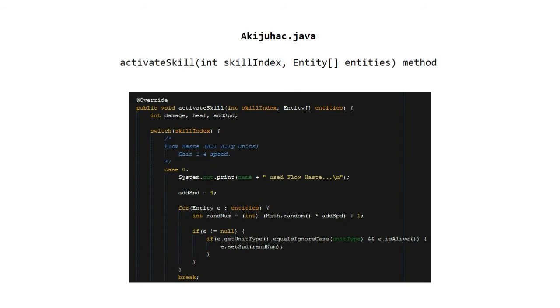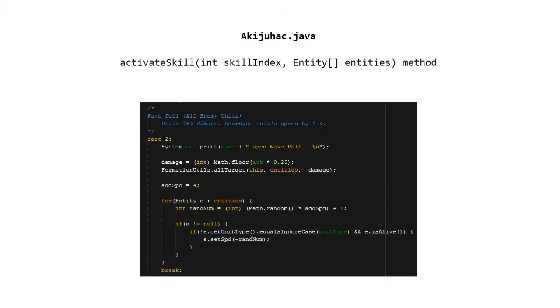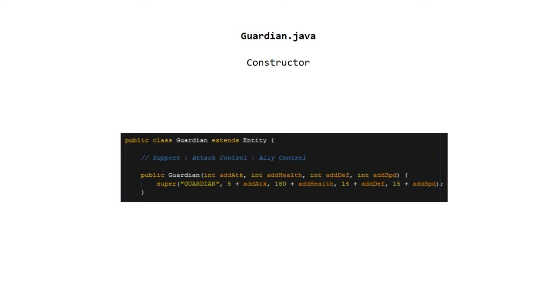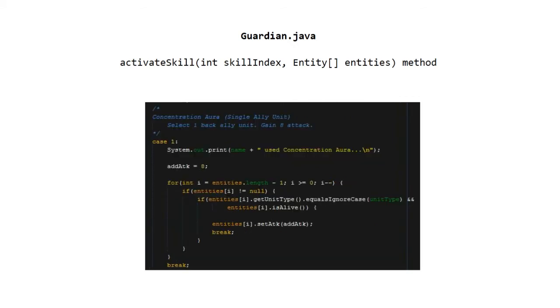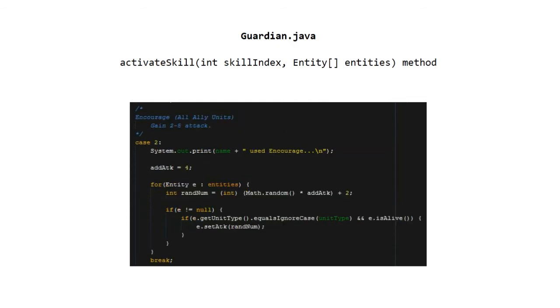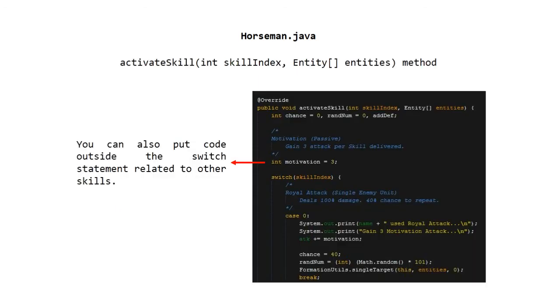What we do here is go back. If you want to put more abilities, you can put code outside the switch statement.